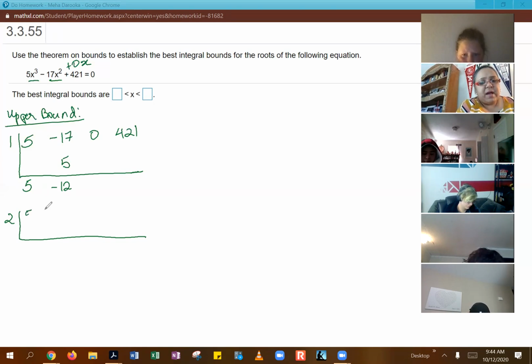So again, 5, negative 17, 0, 421. Again, bring down the 5 as it is. 5 times 2 is 10. And again, you can see that's going to give us negative 7 over here. So this one is not going to work either.